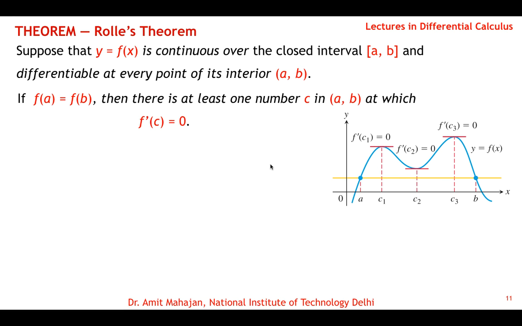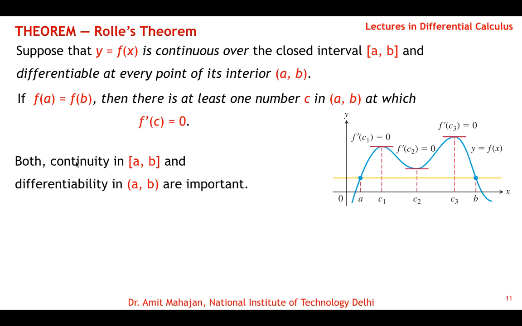So here there are certain conditions. One is that the function has to be continuous in the closed interval, and the function has to be differentiable everywhere in the open interval. Both conditions are very necessary. If any of these conditions do not hold, then this theorem fails.